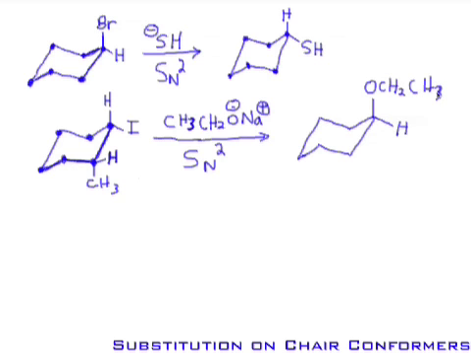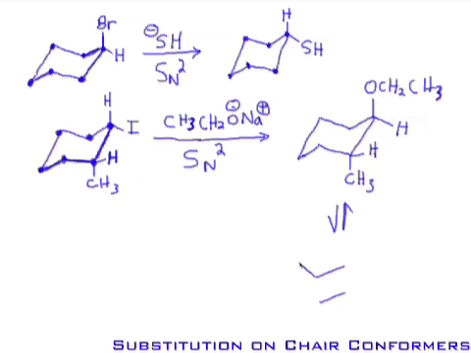Now you might say, wait a second. We've got the big groups axial. The big groups are axial, and we know when you have large groups axial, it's the minor conformer. This guy can ring flip. Well, you can leave it like that unless you're asked to draw the most stable conformer. If you were asked to draw the most stable conformer, you would draw the ring flip structure.